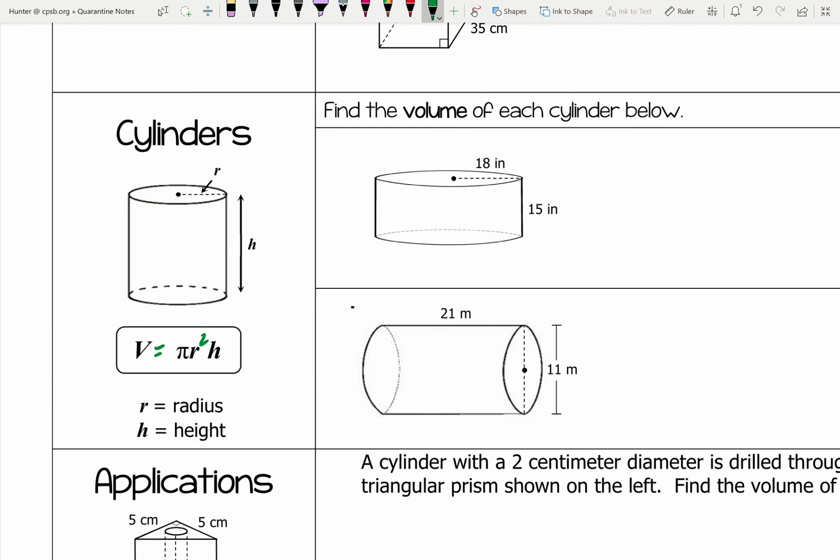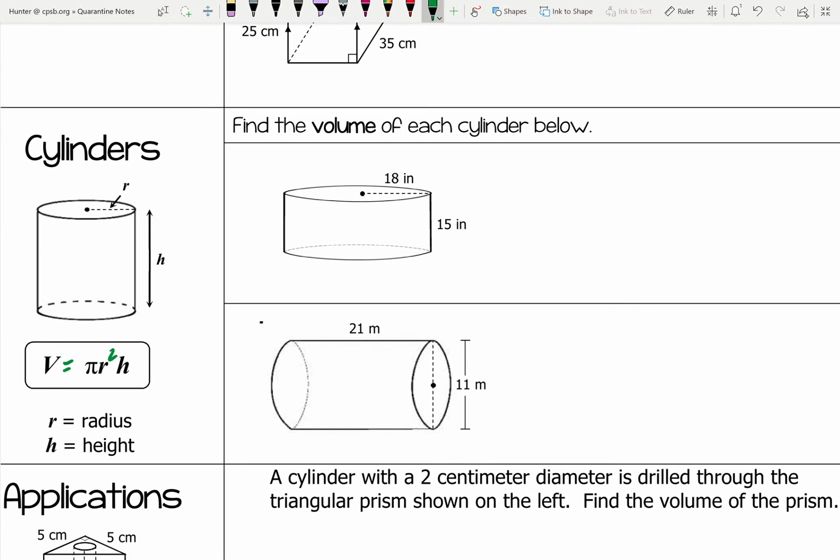Okay, so let's work some examples. For this one, my radius is obviously 18. My height is 15. So I have all I need now. Volume is equal to pi times 18 squared times the height of 15.